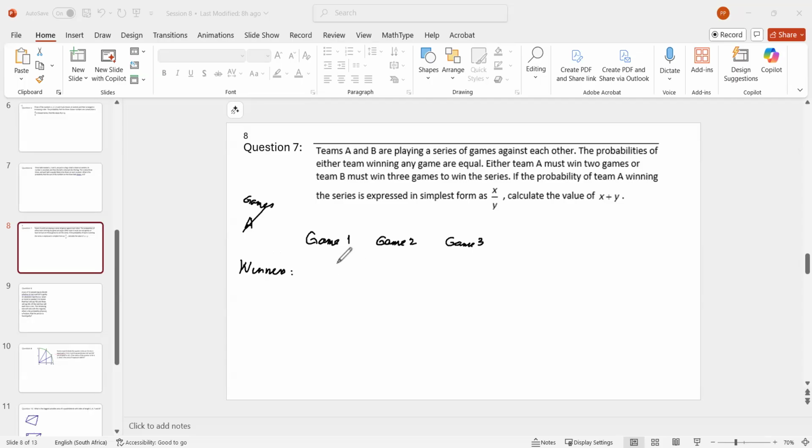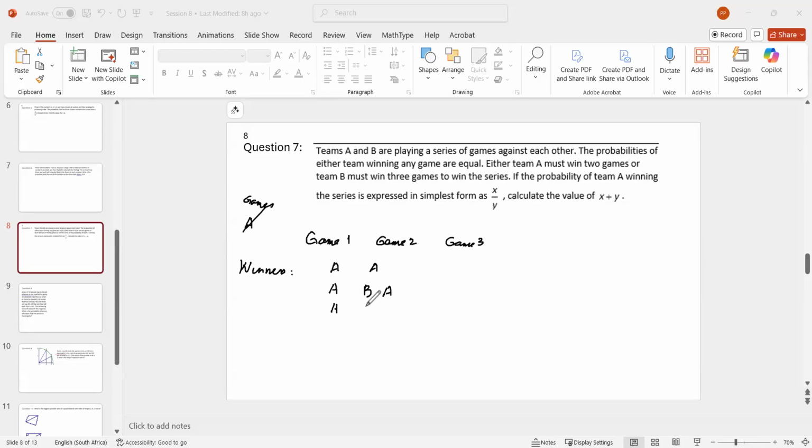I'm only going to write the winners. Suppose A wins game 1 and A wins game 2. Then you stop. That means A wins the series. You could have had A win the first game, but B win the second game. So there's no conclusion here. But you can have A winning the third game, in which case you stop because A has won 2 games.